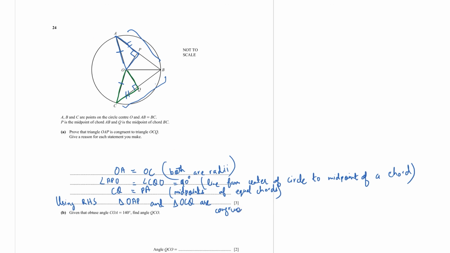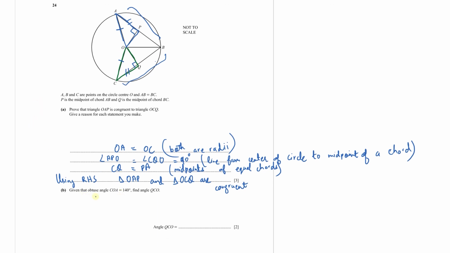The RHS rule states that for right-angled triangles, if we have the hypotenuse equal and one other side equal, then they are congruent.